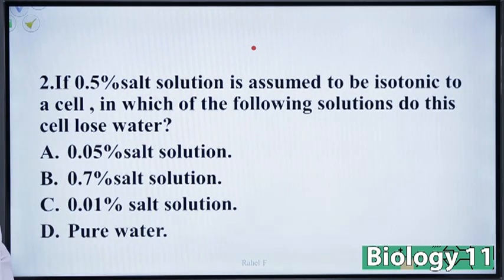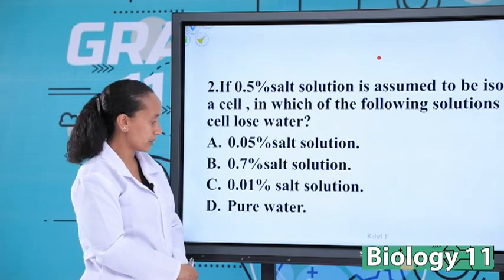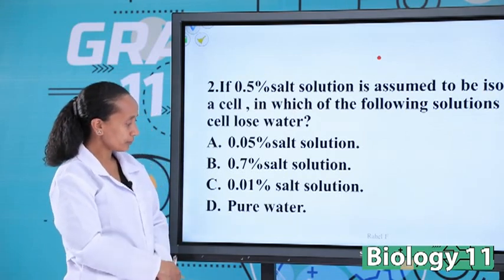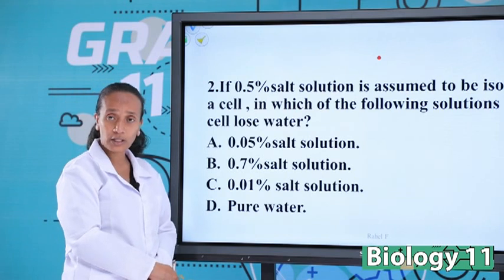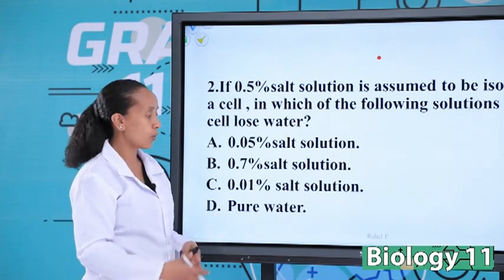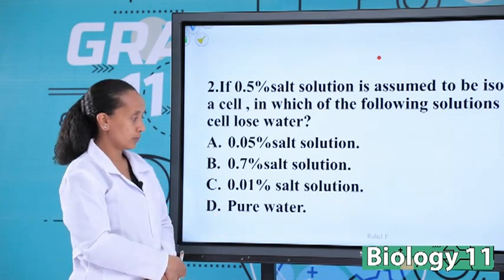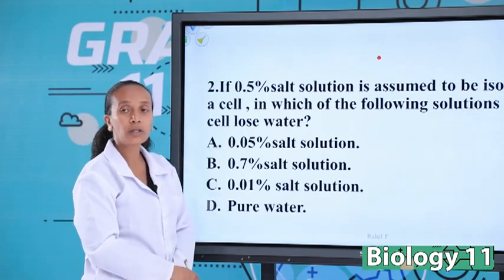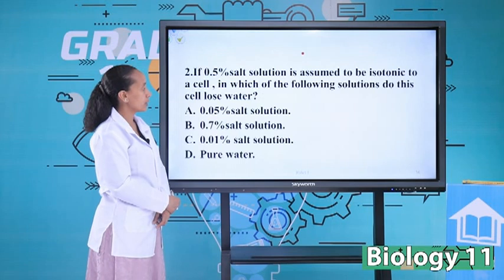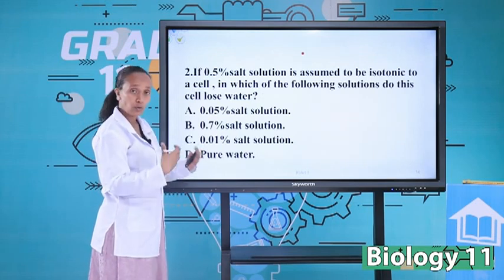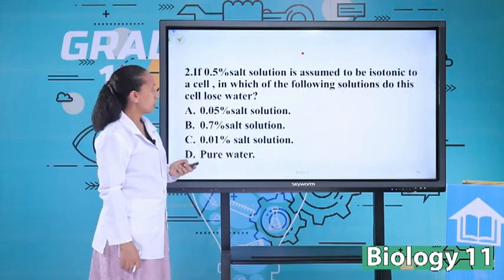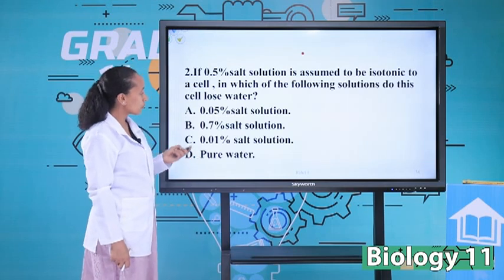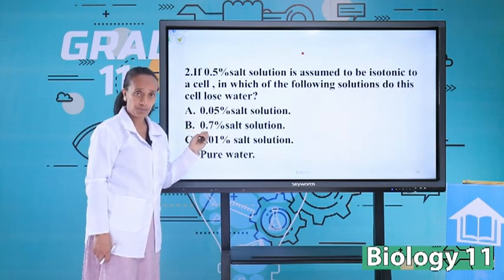So this can be considered as the answer. If you look at the other choice, 0.01%, it is more diluted, or it has more water potential than the cell solution, so it cannot be considered as hypertonic, or it cannot make the cell lose water. Therefore, our answer will be B.